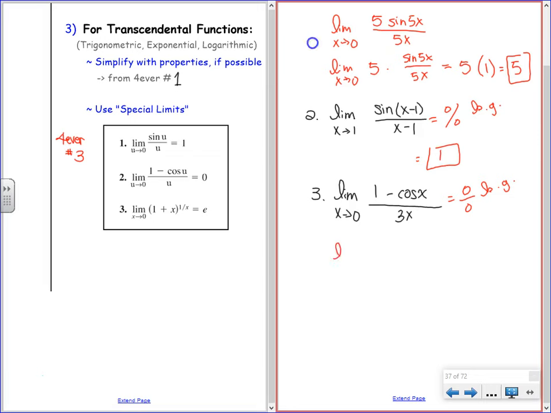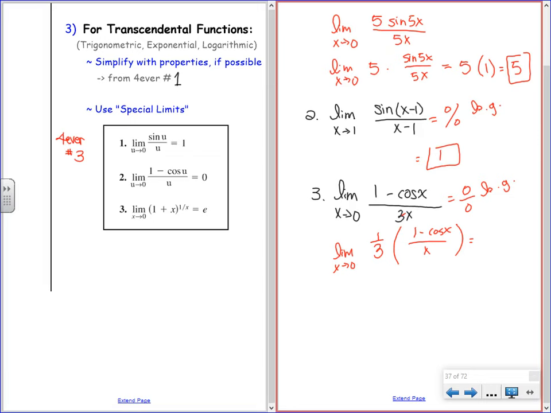Couldn't I take the 3 and say that it's separate from the x? One times blah is blah. 3 times x is 3x. It works.